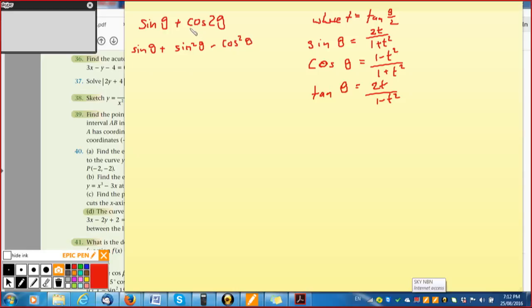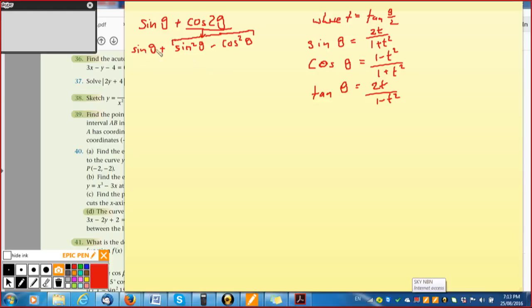I think that's what you'll find cos 2 theta becomes. So just trust me on that one. This is the double angle formula for cos.